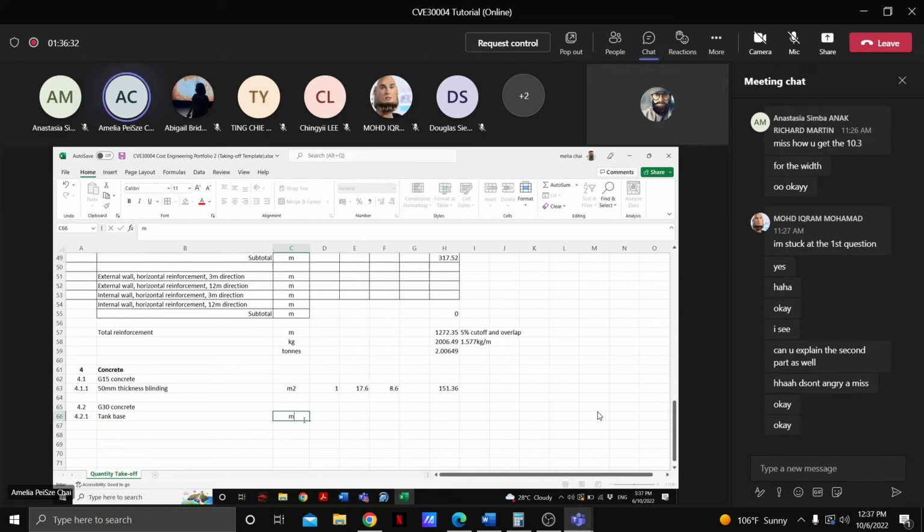This one is in meter cubes. 1 times base. The base is how much? 4.6 and 3.6. The thickness is 0.3.